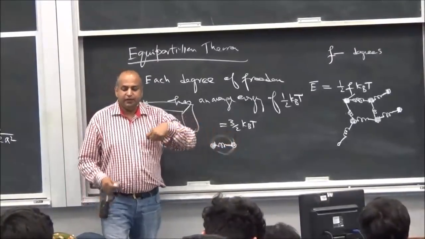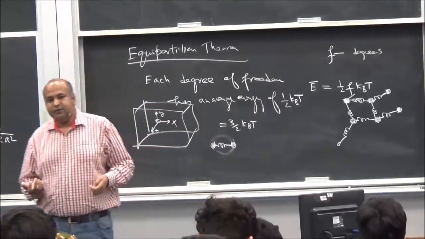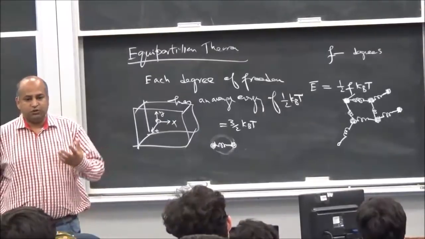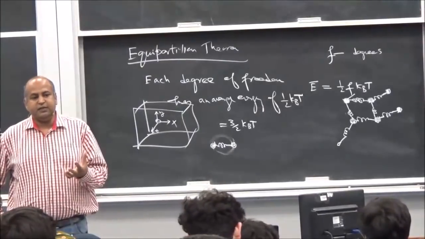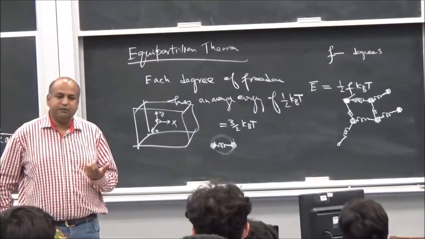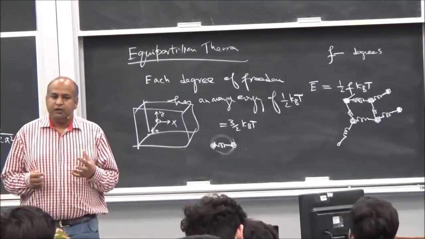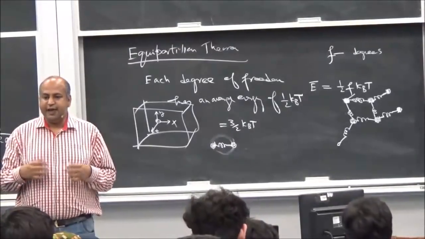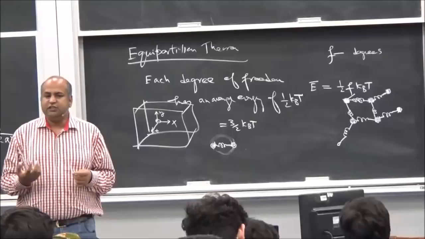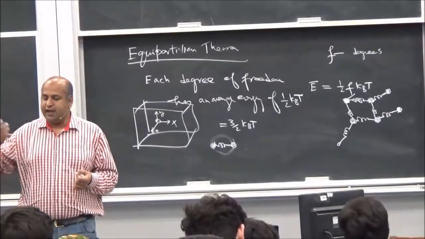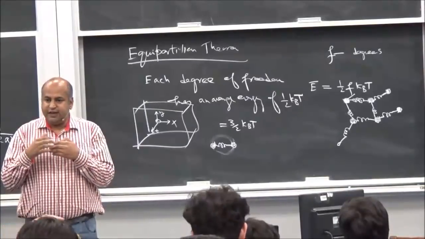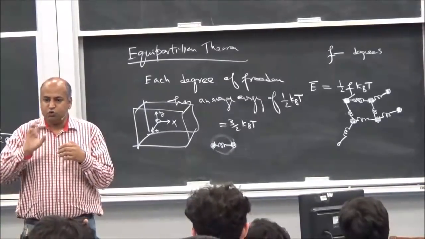But what happens is that when you have a gas, not all degrees of freedom are actually unlocked. Not all are available. It depends on the temperature of the gas. For example, when the temperature is low, only the translational degree of freedom is active, because the average kinetic energy, half kBT, is low enough that it cannot excite these vibrational modes or rotational modes.